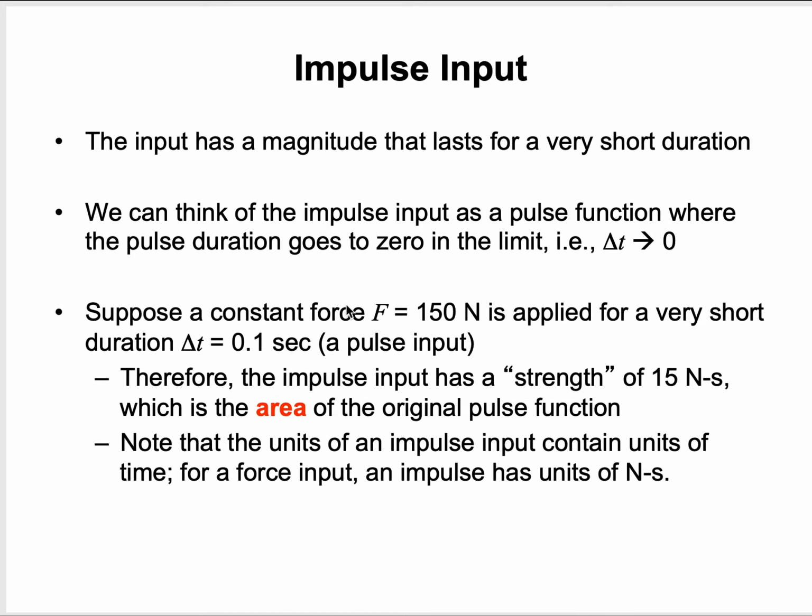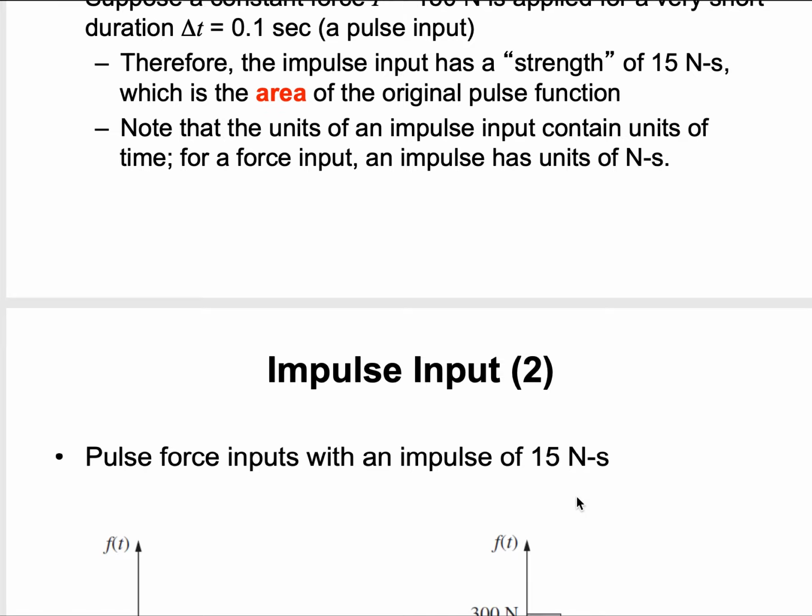For example, a constant force of 150 newtons applied for 0.1 seconds. The impulse caused by that is force times delta t, so it's 15 newton seconds. That's the area of the original pulse function. So units of impulse contain units of time. For a force input, an impulse has units of newton seconds, as you see.